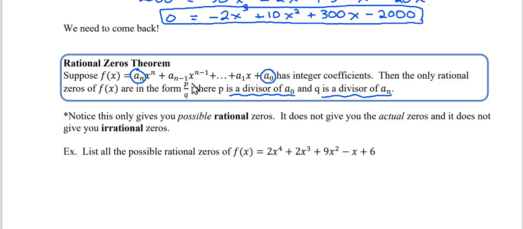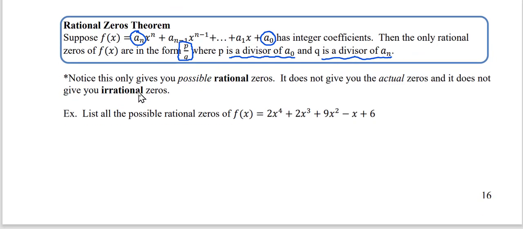Then we put those in a ratio: divisors of a0, the constant term, over divisors of a sub n, the leading coefficient. Those will be our only possible rational zeros. Any rational zeros must be of that form. They cannot be anything else. That narrows down our guess and check, right? Let's try it with this one.